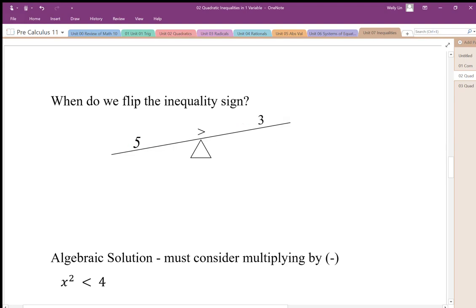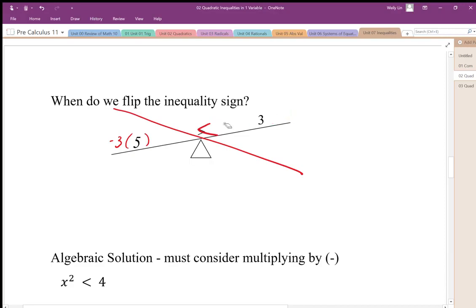The only thing that flips the inequality is if we multiply or divide by a negative. So if I multiply by -3, that's -15. If I multiply by -3, that's -9. Well, -15 is smaller than -9, so that's going to flip the inequality in that direction. And we have to flip the sign.